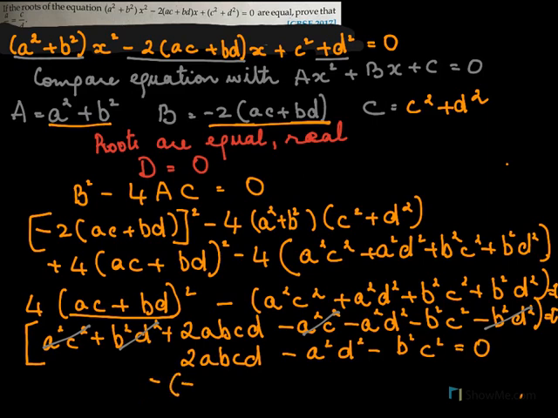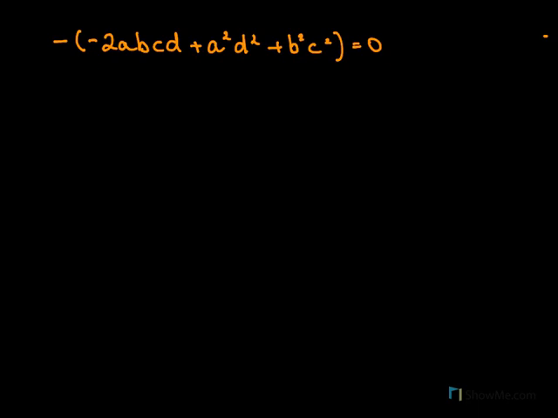In this, if I take minus common out, what will remain is a square d square plus b square c square minus 2abcd equals 0. Now since I've taken minus common out, I can ignore it.